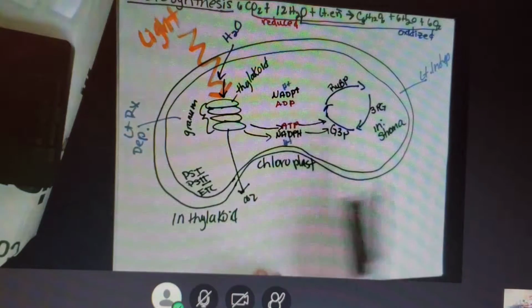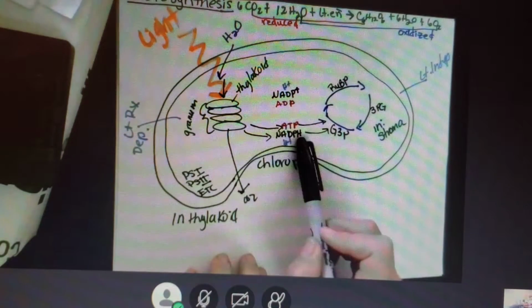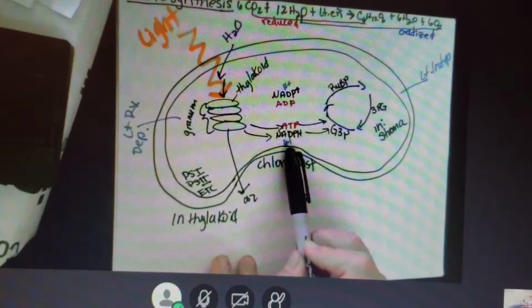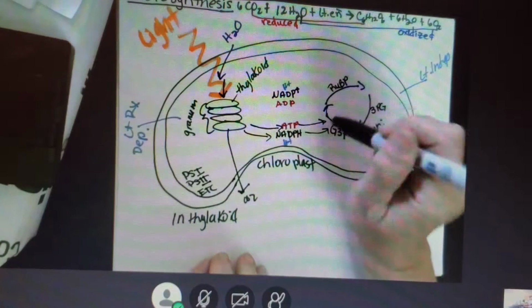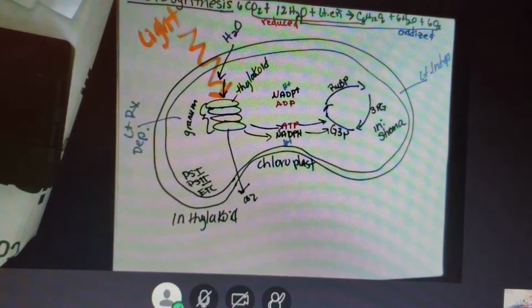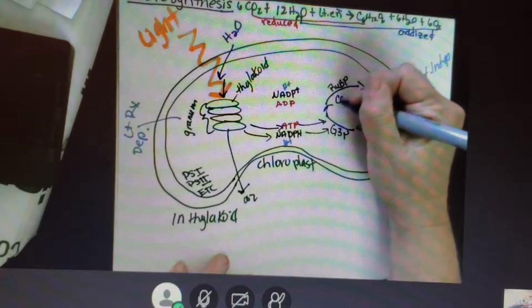Okay? Still have ATP. We're going to send ATP and NADPH, which has got our extra hydrogen ions, over here to this portion. This is going to be what we call the Calvin cycle.